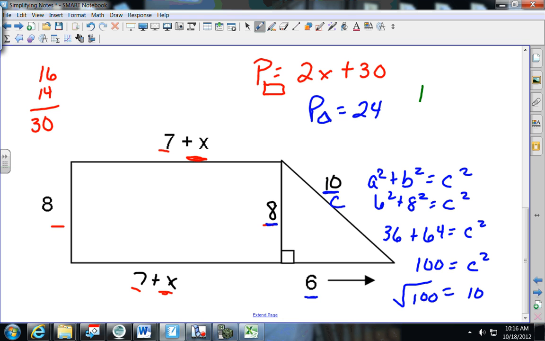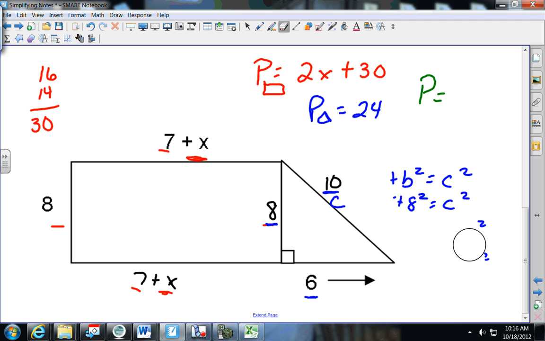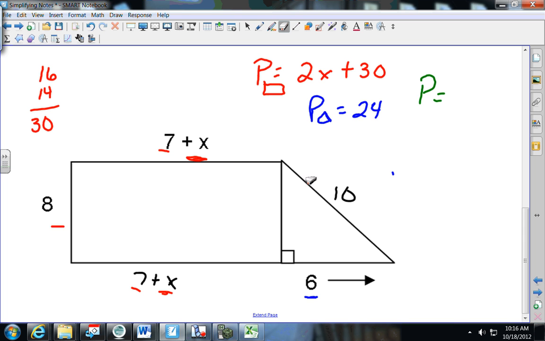Now, if I want to find the perimeter of the whole figure, let me get rid of some of the work here. All right, I need this side right here, which is 10. I don't need this inside piece, but I do need all the other stuff that's around. So now to find my perimeter of the entire thing, it would be x plus x, which is 2x.